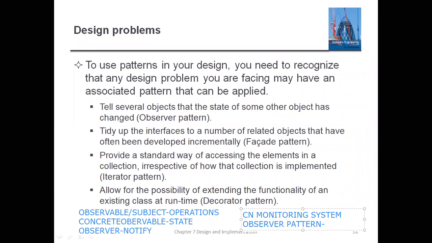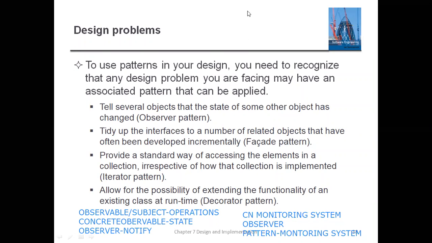Your observer will be the monitoring system, because you are going to monitor, right? Along with that, you have to write and find out the problem and solution. This is the name, the observer pattern name, that I have written. But you need to write down the problems, the solution, and the consequences of that. Then only you will be able to get full marks. So this is all about your design patterns and design problems.